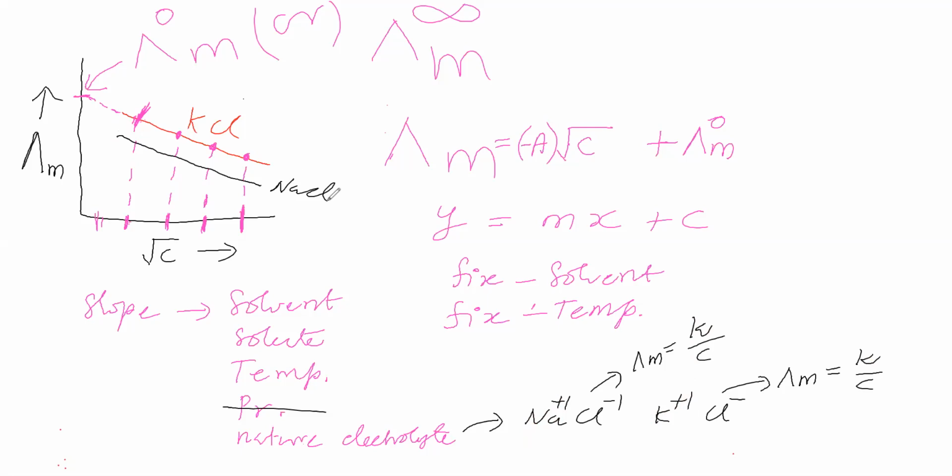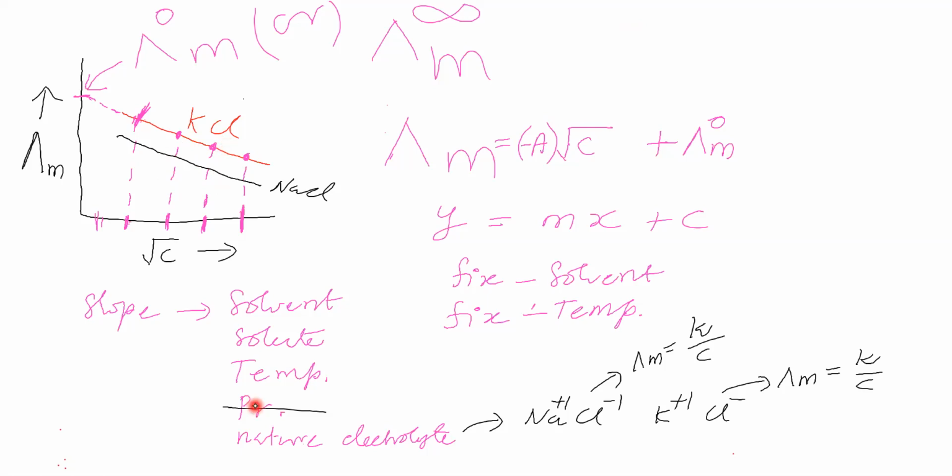Now let us see the slope for NaCl and KCl. Let us discuss the slope. For this graph, it is a linear graph, it is also a linear graph.